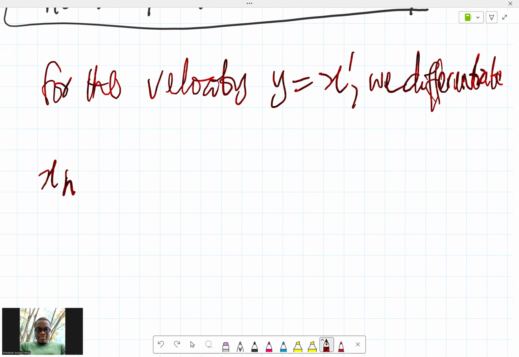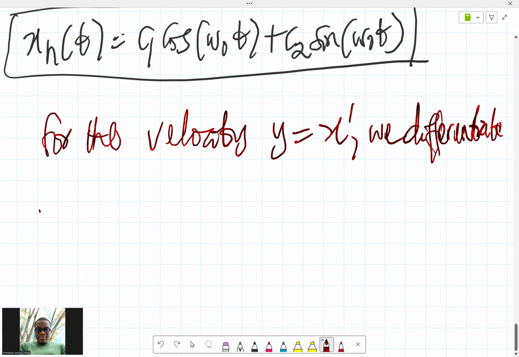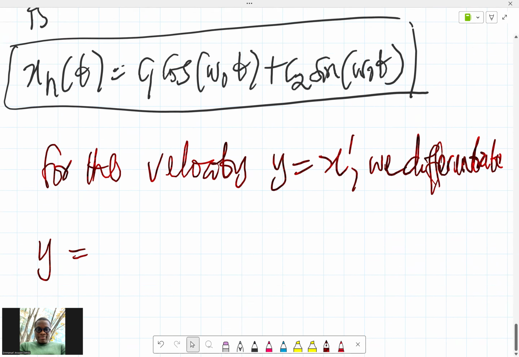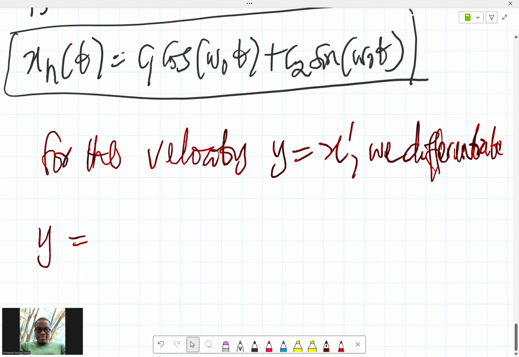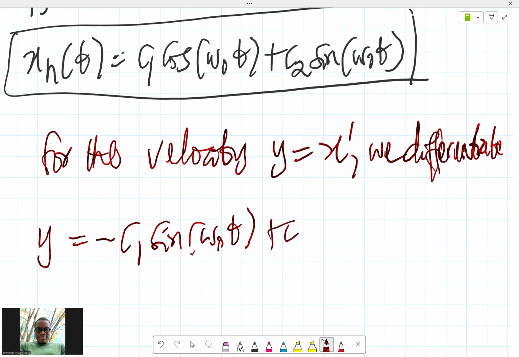So y, which is x prime, means we are differentiating this. When you differentiate cos, you get minus sine, so this is minus c1 sine omega naught t. When you differentiate sine, you get cos, that's plus c2 cos omega naught t. So that's y now, because y is equal to x prime.